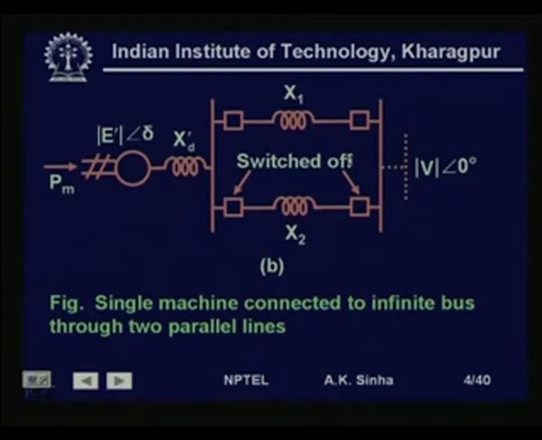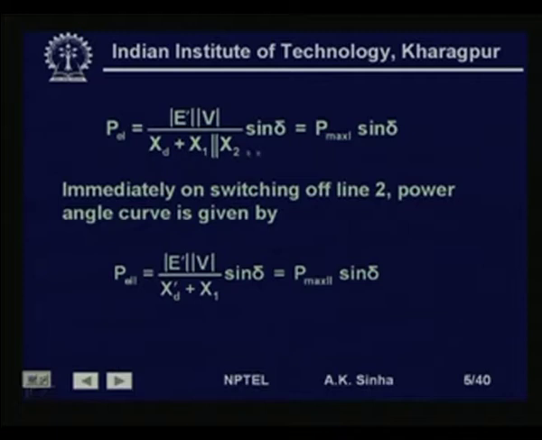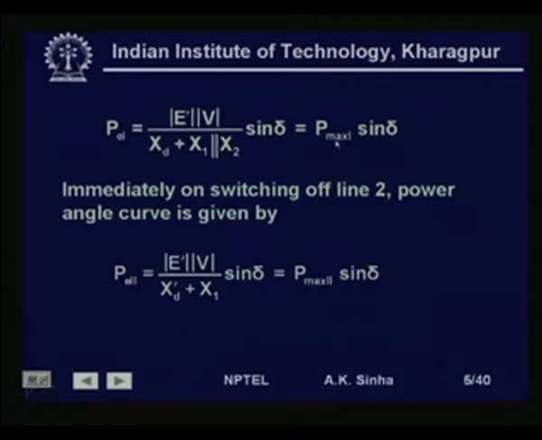So, the electrical power output is E dash V by x d plus x 1 and x 2 in parallel, sine of delta, where delta is the angle difference between E dash and V. This we can write as P max 1 sine delta, where P max 1 is equal to E dash V by x d plus x 1 x 2 in parallel. Now, when the line is switched off, what happens?